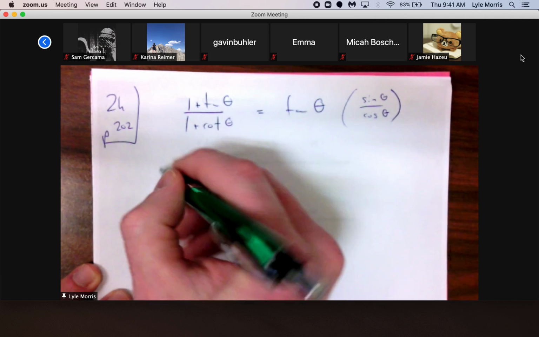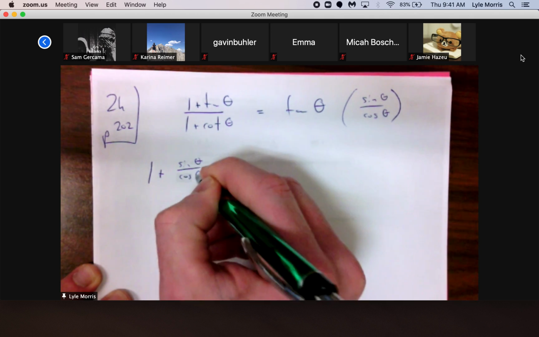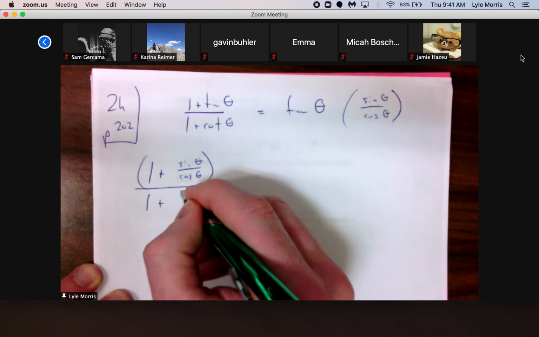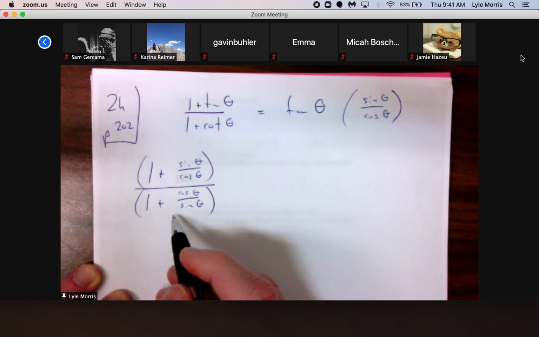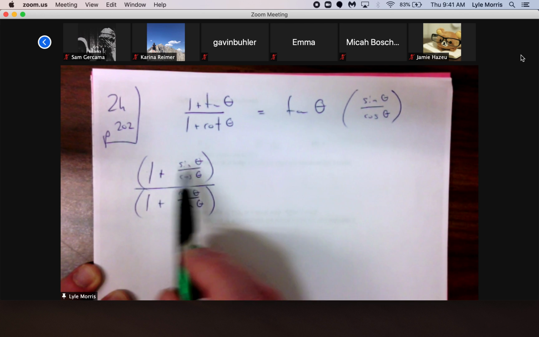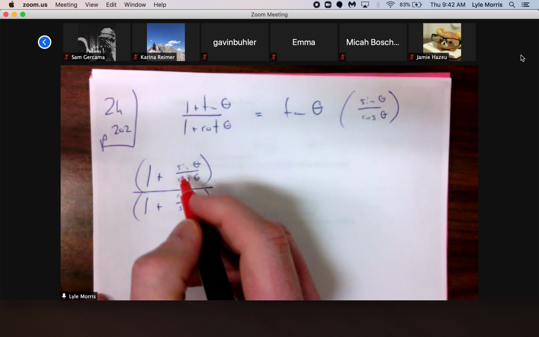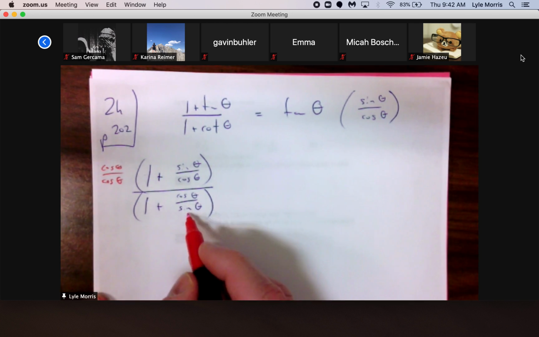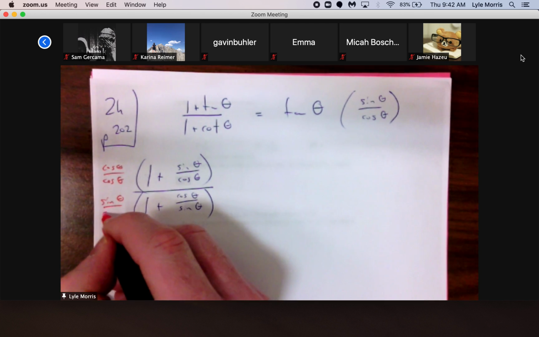The top is 1 plus sine of theta over cos of theta, over 1 plus cos of theta over sine of theta. What we need to do here is get common denominators so we can add the 1 to this. On the top, I'm going to multiply the 1 by cos of theta over cos of theta. And on the bottom, I'm going to multiply just the 1 by sine of theta over sine of theta.